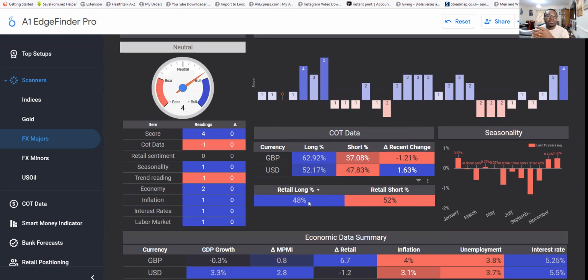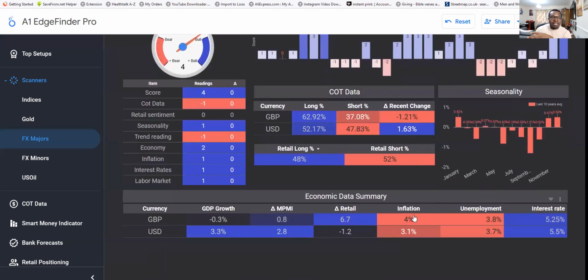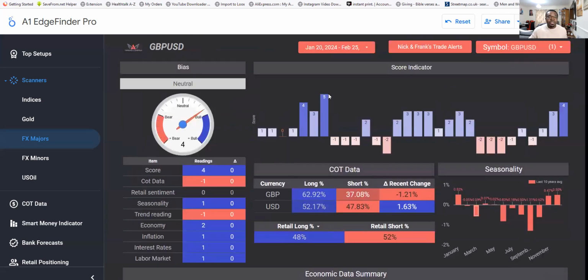I would like to see something like 60, 40, 75, 25, or 30, 70. Those are the kind of retail sentiment that I would like to trade, because at that moment we have a proper direction. So right now, GU, which is my favorite pair, is actually not giving us opportunity to trade for the past couple of months.